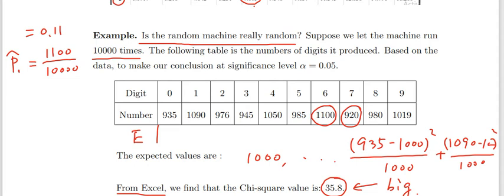And the other percentage is 920 over 10,000, which equals 0.092.